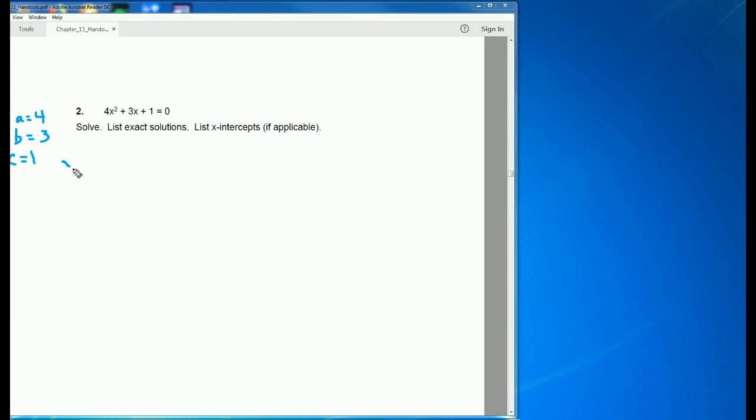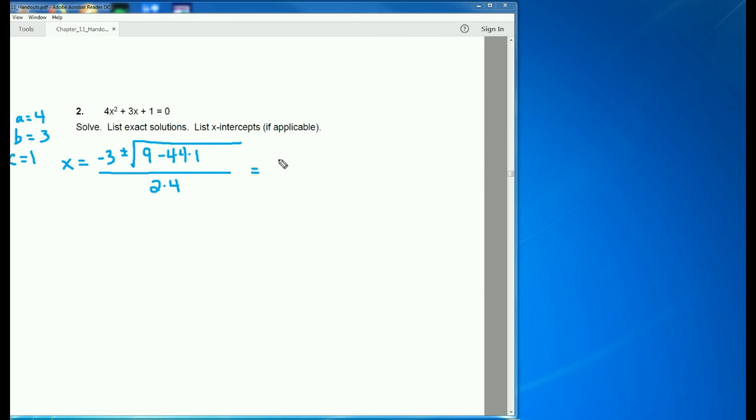All right, so x equals negative b, so negative 3, plus or minus the square root of b squared, so 3 squared is 9, minus 4 times a, which is 4, times c, which is 1, all over 2a, so 2 times 4.